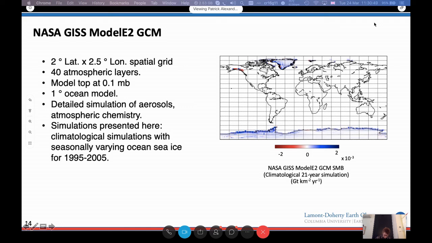The more recent versions of the GCM have a higher spatial resolution and more atmospheric layers. We also have the capability of nudging the wind to follow reanalysis data, to more closely match observations, using some of those features.